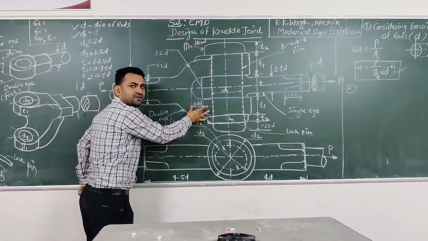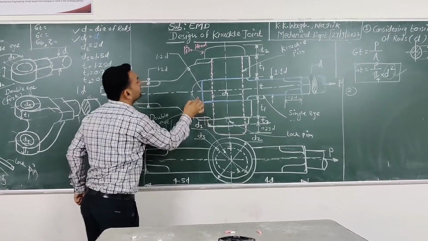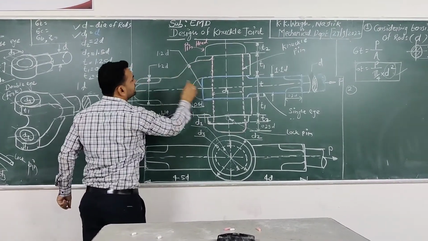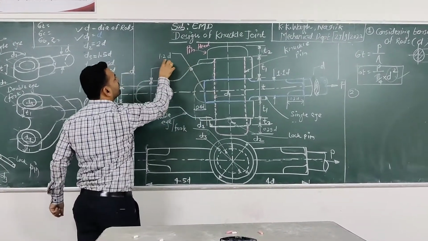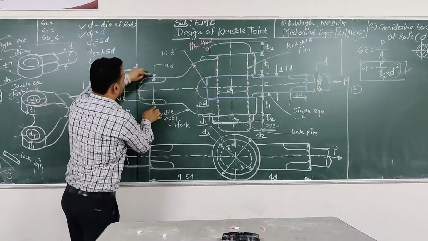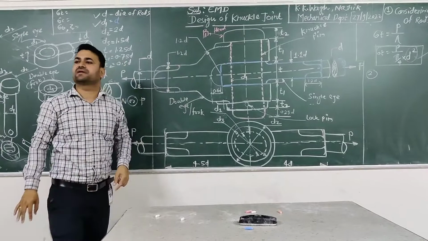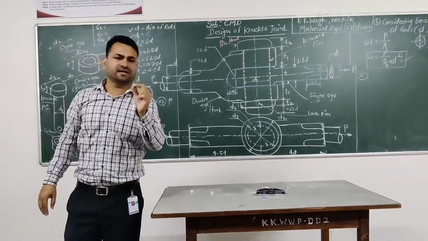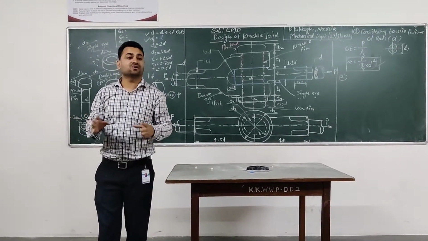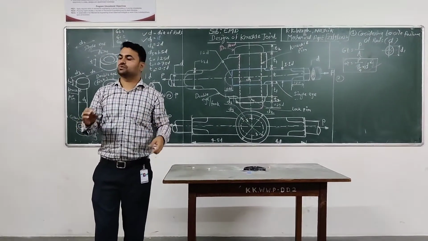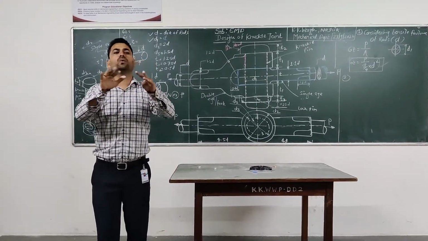This gap we can find out by using 0.6 times d. Then this curvature from this center to this distance is equal to 1.2 times d. Then this dimension will be equal to 1.2 times d. In this way, after getting the value of d, we have all values of the knuckle joint. So step number 2, related to empirical relation, is over.